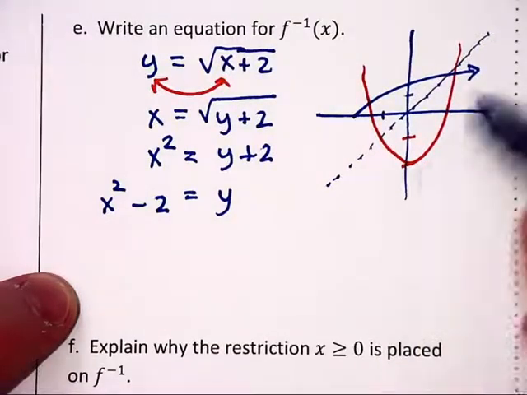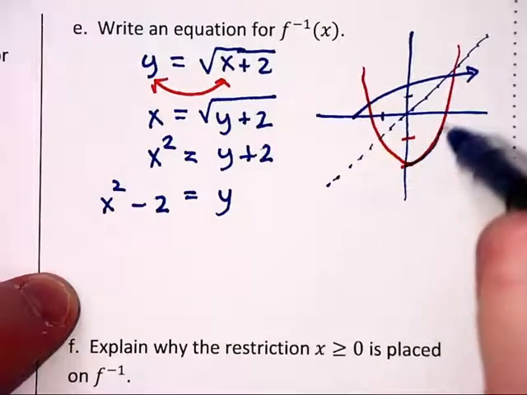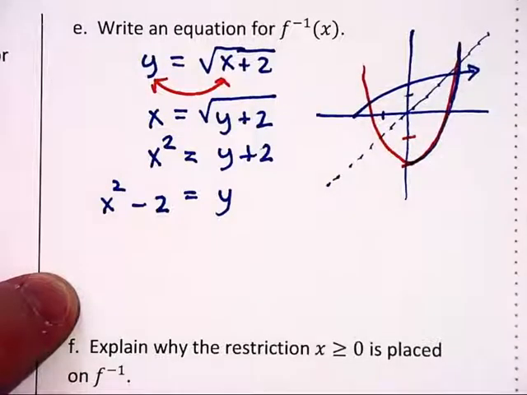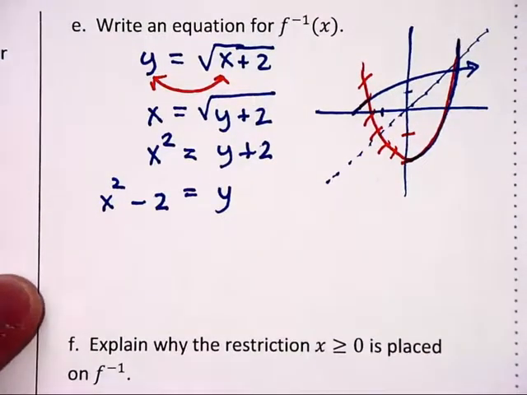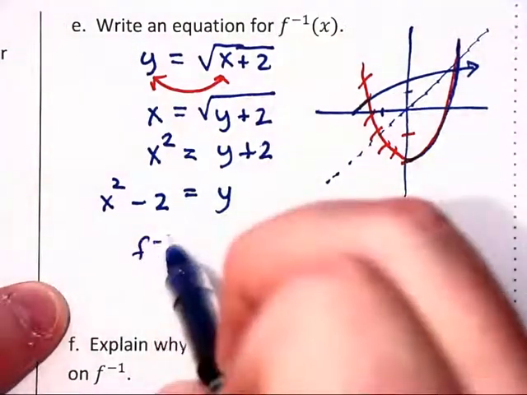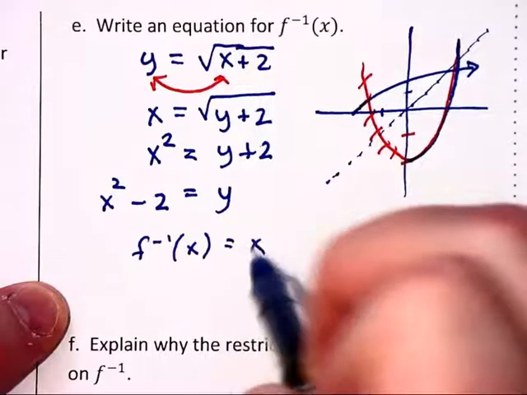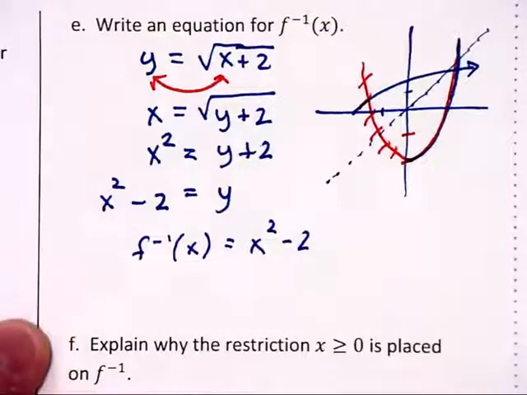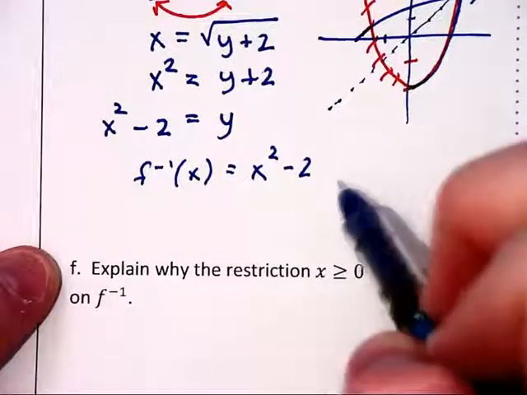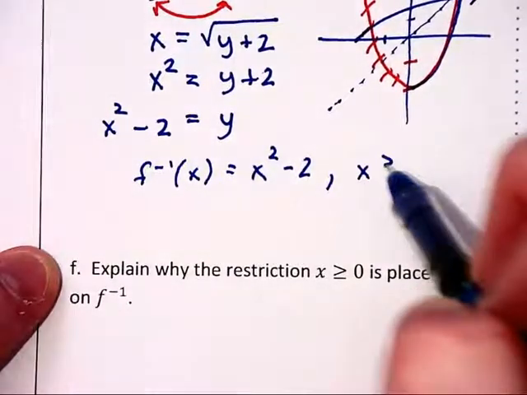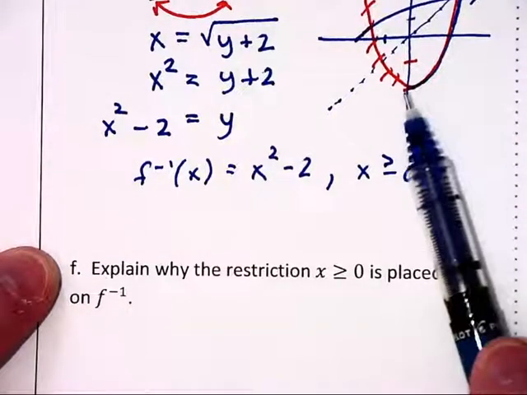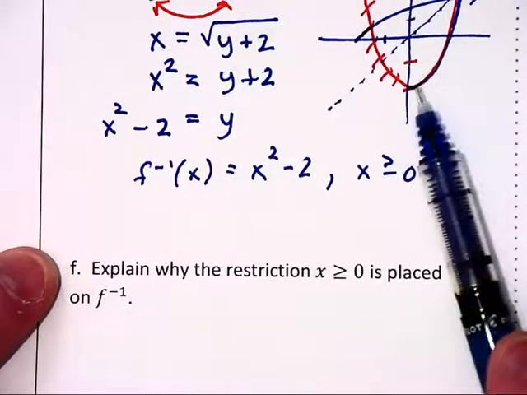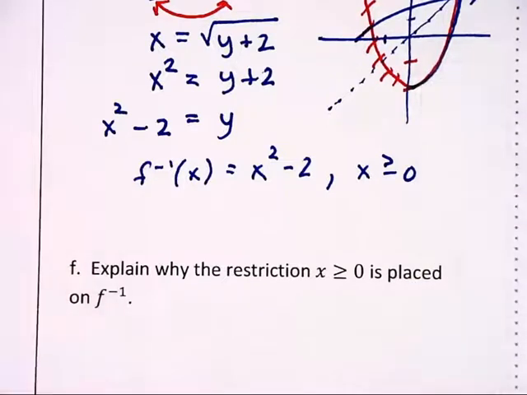Well, if we turn our head, we can see that this right side matches up, but we don't want this left side here. So what we do when we write our inverse is we say f inverse of x is equal to x squared minus 2, but we only want the right side of it, so we write comma x must be greater than or equal to 0, changing the domain so that we only have the right hand side of this, so that this thing is a one-to-one invertible function.